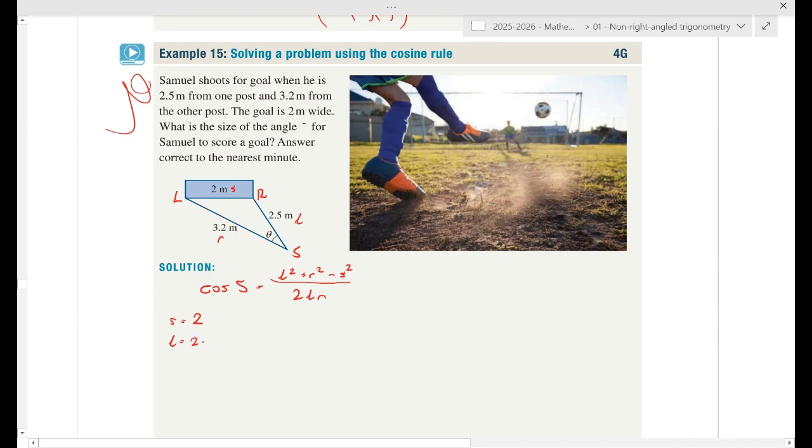Yes, it is 2.5. Do we know what little r is? It is 3.2. And big S is theta. So cos of theta equals 2.5 squared plus 3.2 squared minus 2 squared over 2 times 2.5 times 3.2.